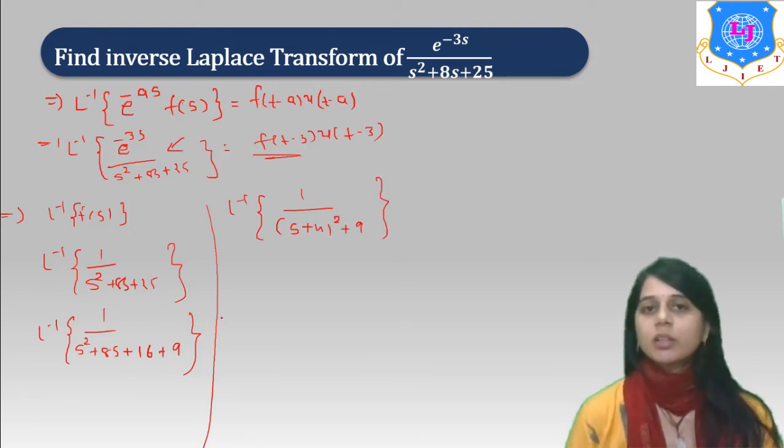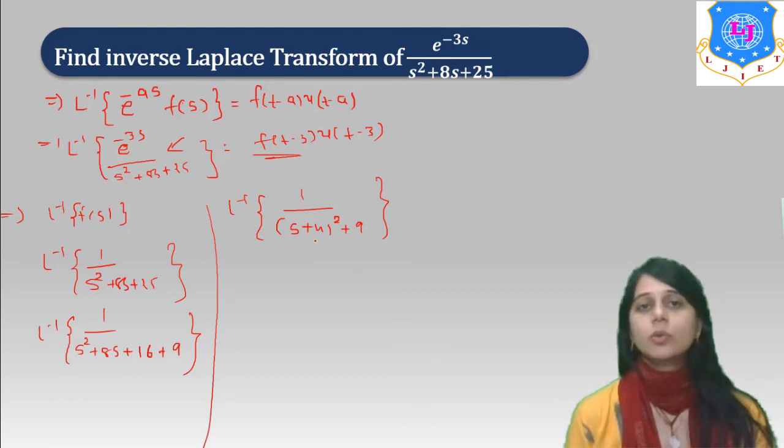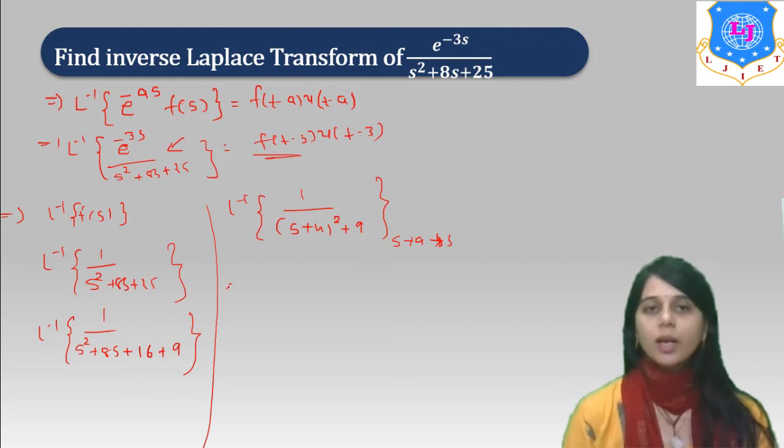But see here, as per the formula, we have s, but here we have s plus 4, so we are converting s plus or minus a to s. For that, we apply the inverse first shift theorem, e raised to minus 4t.